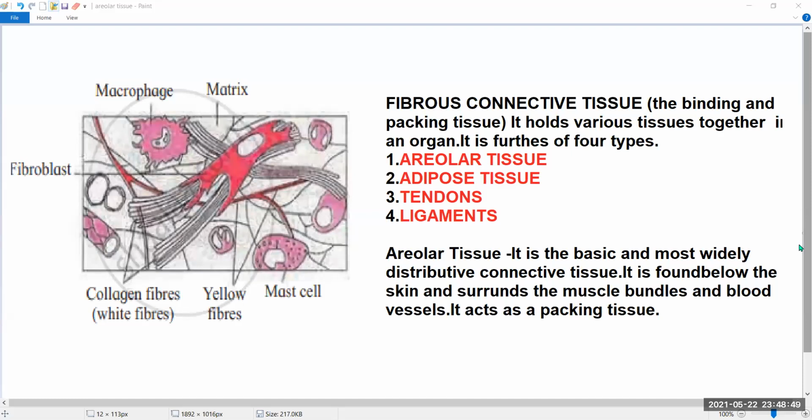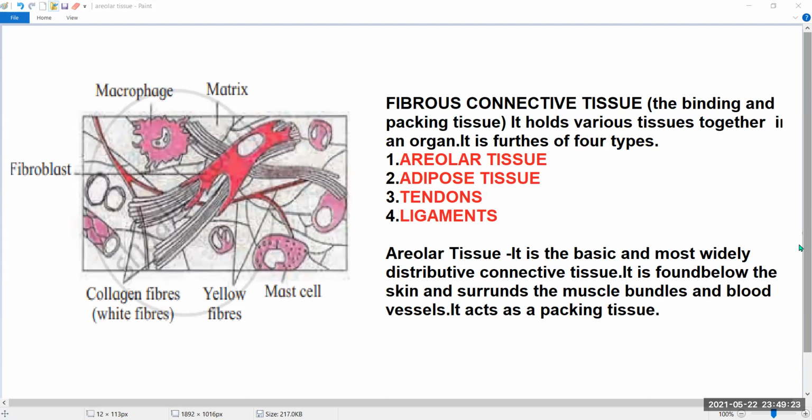Now children, the next type of connective tissue is fibrous connective tissue. It is the binding and packing tissue. It holds various tissues together in an organ. It is further of four types: areolar tissue, adipose tissue, tendons, and ligaments.